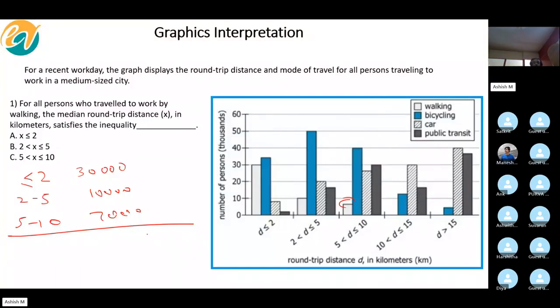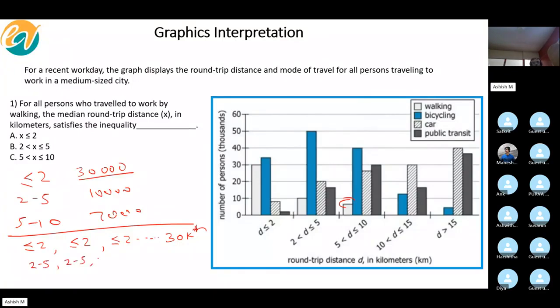So basically, first person is traveling lesser than 2. Second person again lesser than 2. Third person again lesser than 2, and so on till 30,000th person, correct? And then 30,001 person is traveling between 2 and 5.